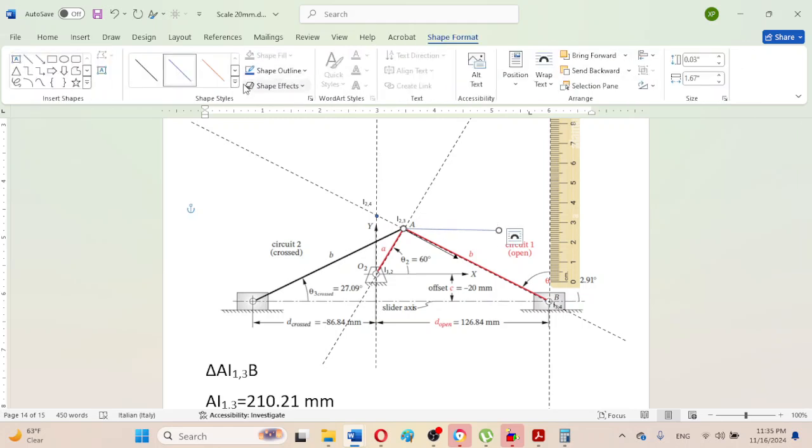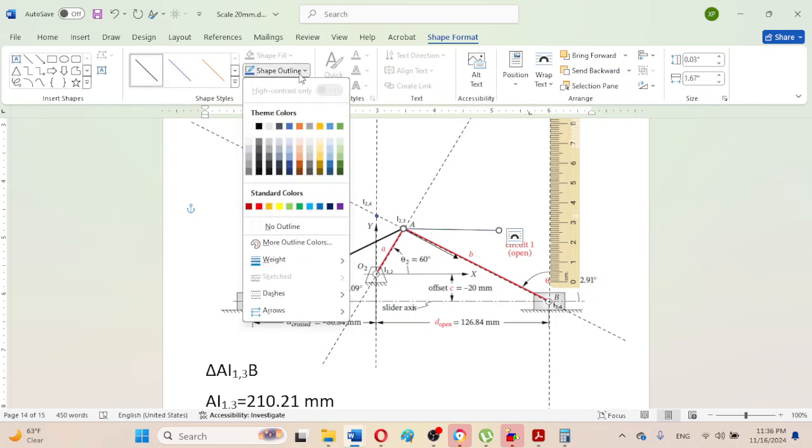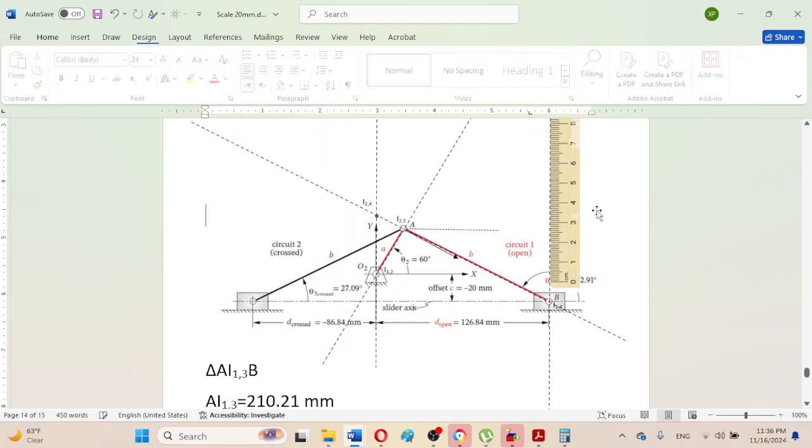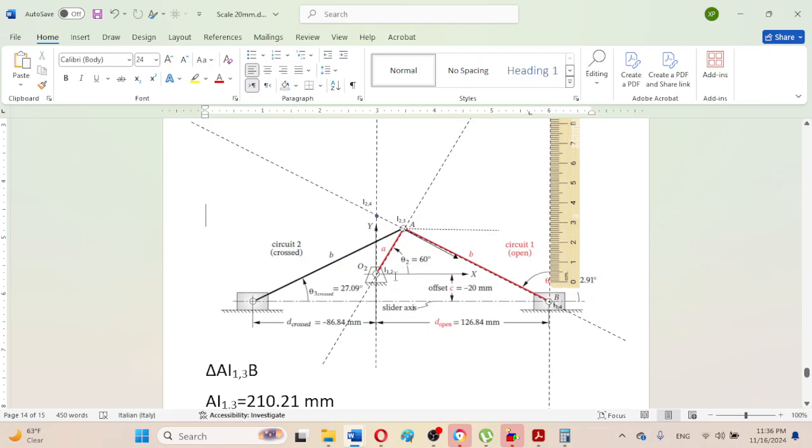As we can observe, the angle of the crank with horizontal is 60 degree, so this alternate angle will also be 60 degree.